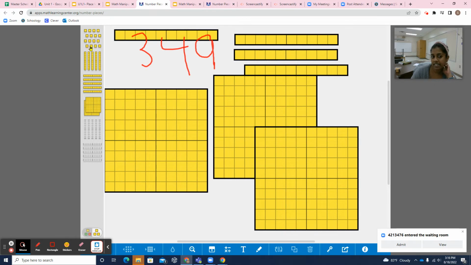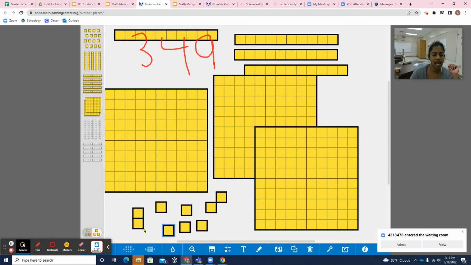Now, I have these right here. Each of these is 1. I have 340 and I have 9 left. I can get 9 of these ones. That doesn't seem like too much. So I have 1, 2, 3, 4, 5, 6, 7, 8, 9.